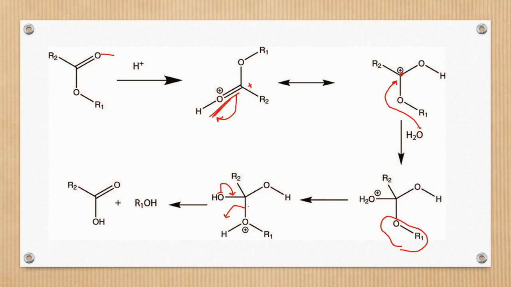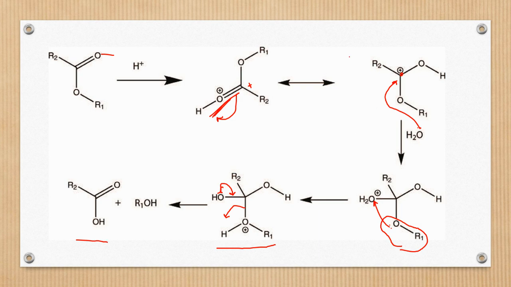One proton will leave from the water molecule, and this oxygen lone pair will take up that proton to give you R1OH positive. This oxygen lone pair comes down, and this R1OH, which is a neutral species, leaves out to give you the acid. So from ester you have acid.